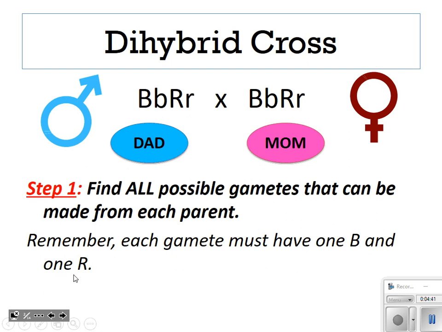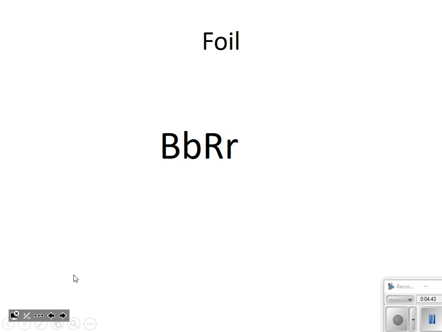All right? Now, we're going to show you some ways in which to do this. And the very first way is FOIL. Has anybody ever come across a process called FOIL? I see some hands. Jonathan, where do you have foil from? I forget. Brandon? Yeah, you use it in math.